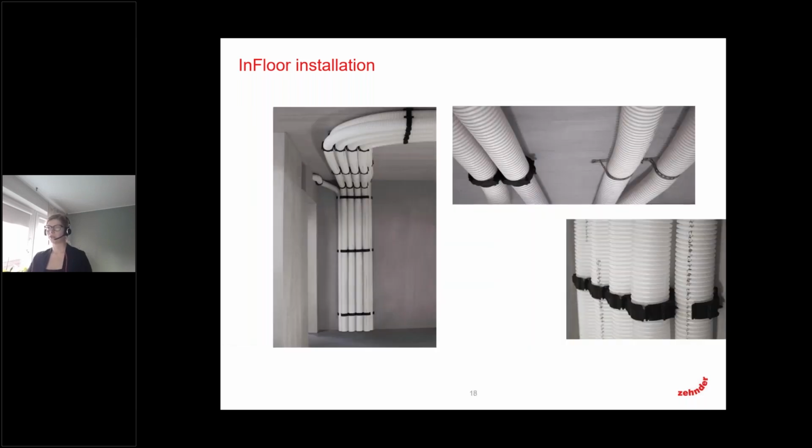Also, if from the unit the tubes will start being distributed in a bigger range, then we can use this ComfoFix to connect the tubes to each other nicely and firmly in a way that if there would be something needed to be changed, we can take down the tubes quite nicely without opening the metal tape here that would then release many tubes if they are connected together or fixed together.